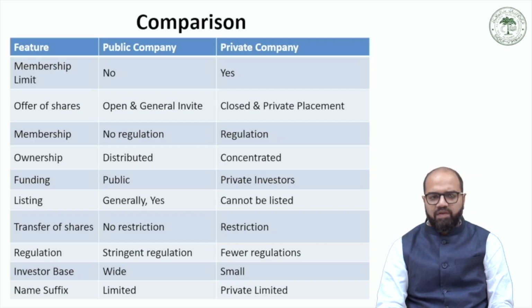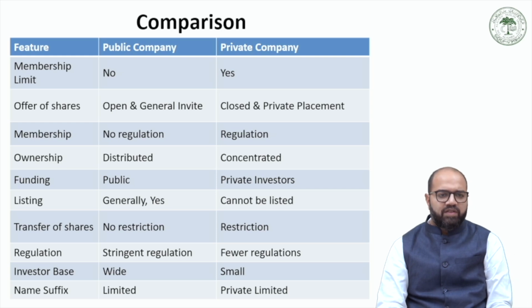Whereas it is the other way around in case of a private company. It is a closed company, and the process of subscription of shares of a private company is different from that of a public company, in the sense that there is private placement of shares.